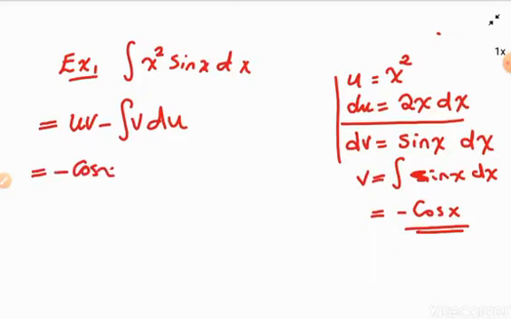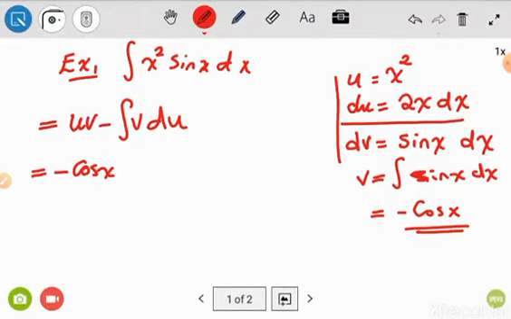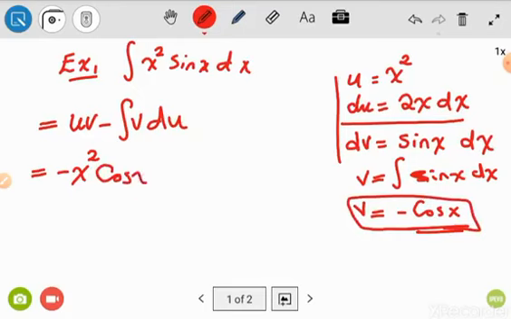So we will write negative x squared, which is u, because v is negative cosine x, so it's negative x squared cosine x. It's better to write it in this order.